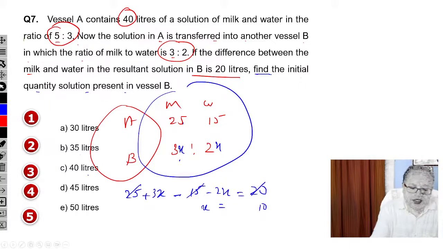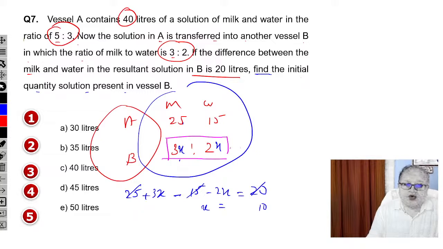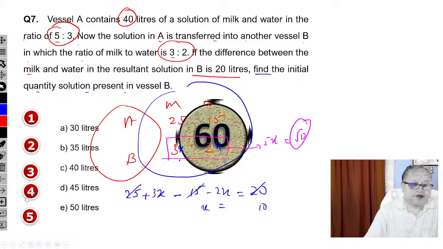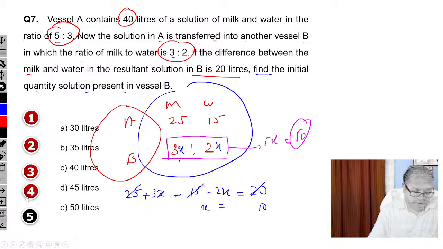So what is your initial total quantity? Initial total quantity is 3x plus 2x, which is 5x, and 5x is equal to 50. Your answer is choice E. Hope you are understanding it.